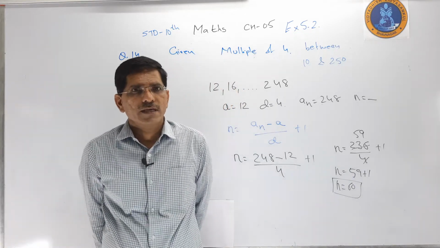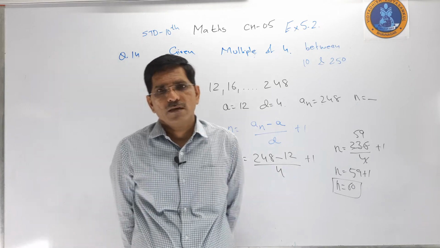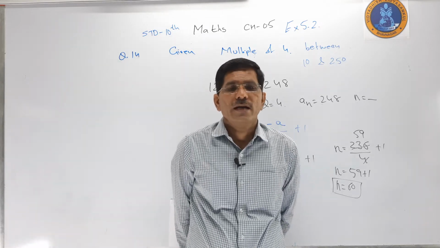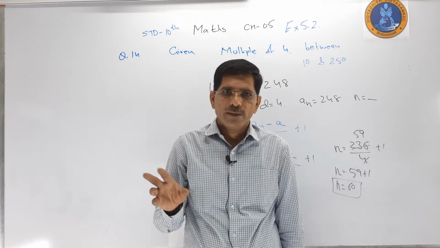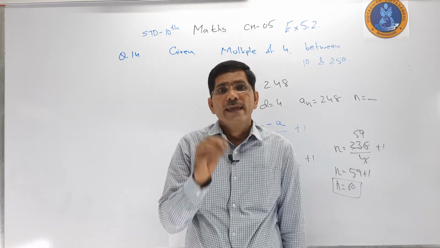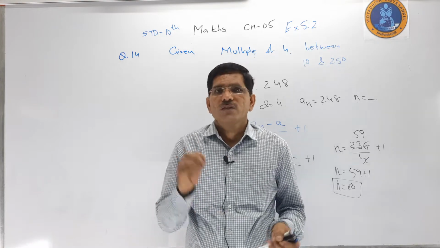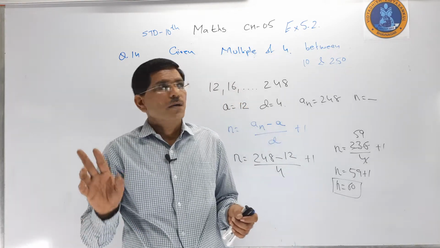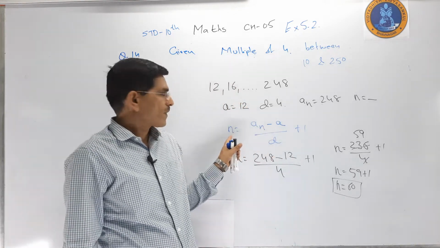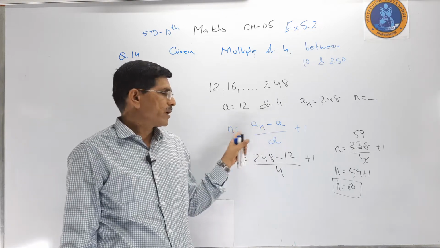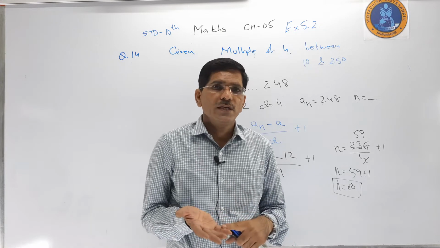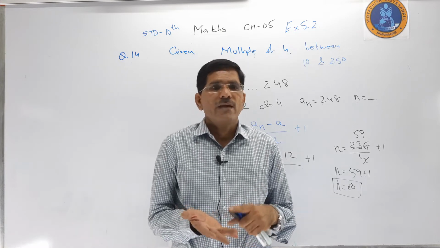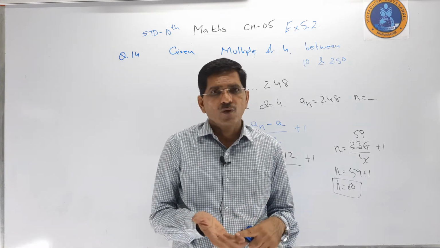So I think that is sufficient for today's lecture. Again I repeat, we are starting chapter number 5. The topic is arithmetic progression. an is equal to a plus (n minus 1) d, that is important. By using it, we can find a, d, n, and an. So there are 4 things.